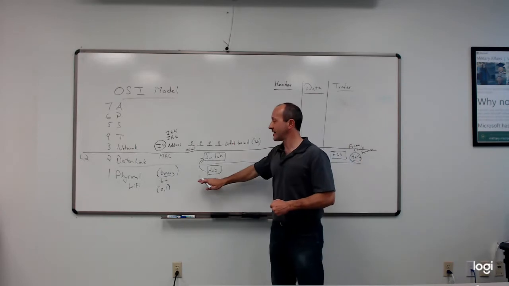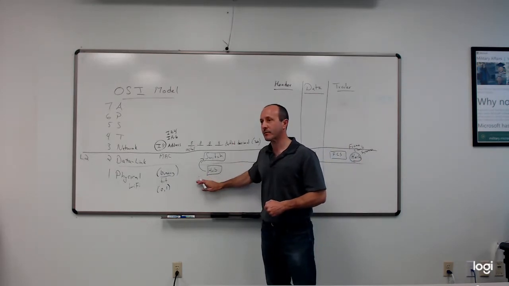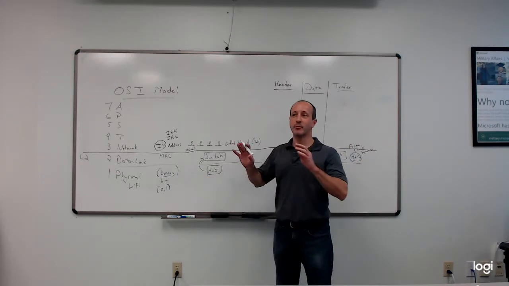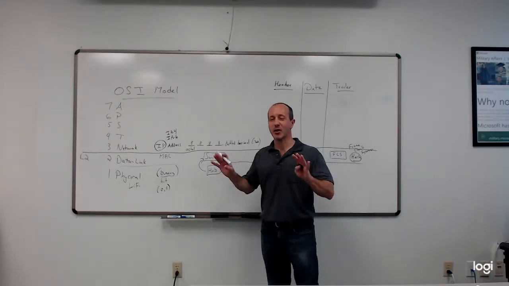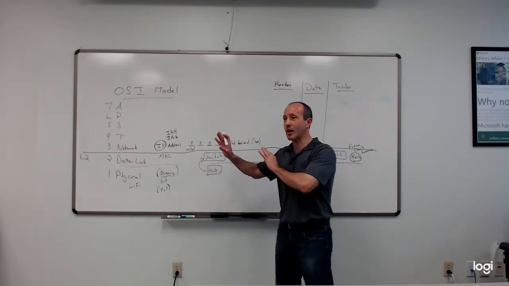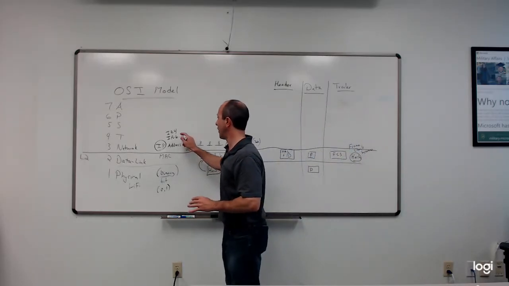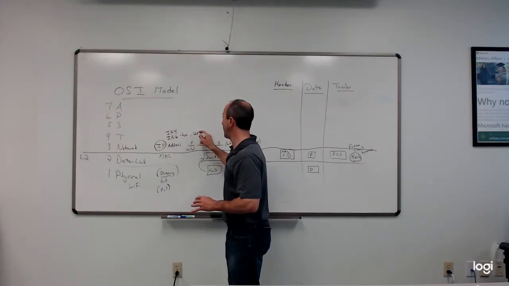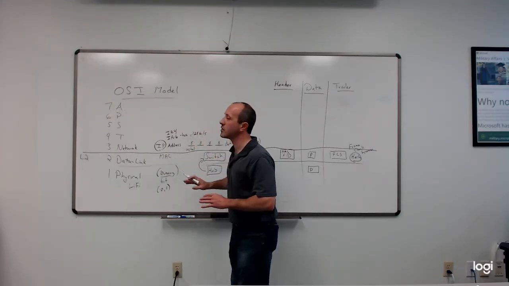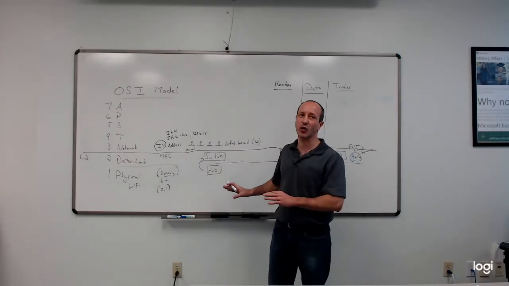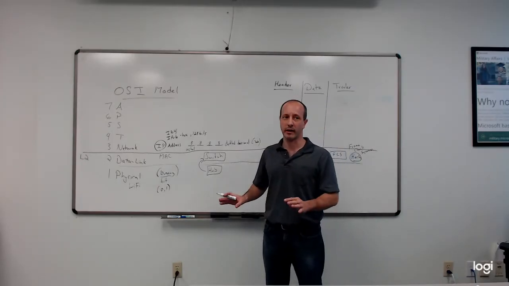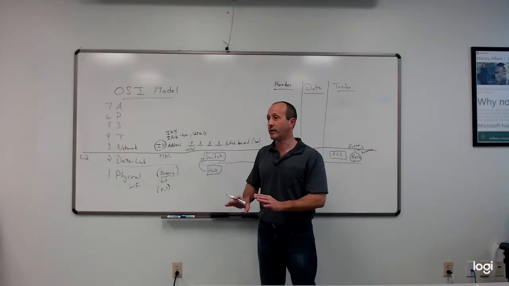It's in hexadecimal format, and it's beyond the scope of our discussion right now, because it's a bit more complicated than a fundamental level, and this is a fundamental exam.